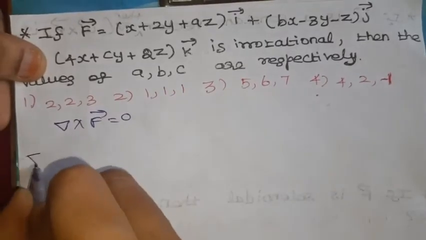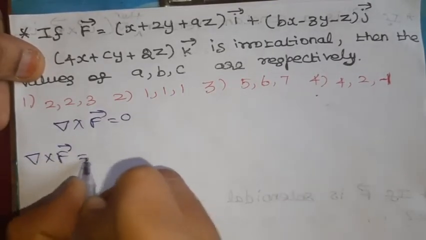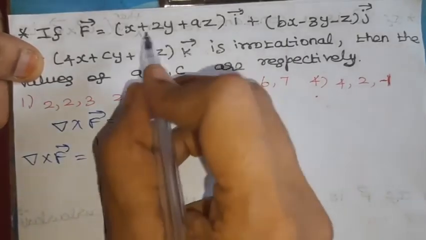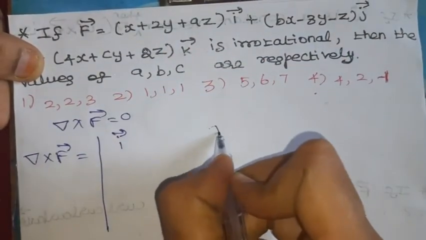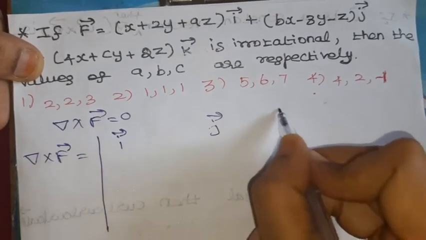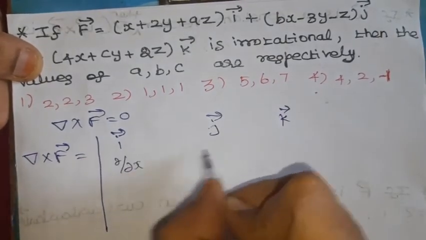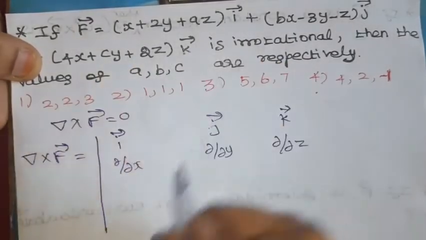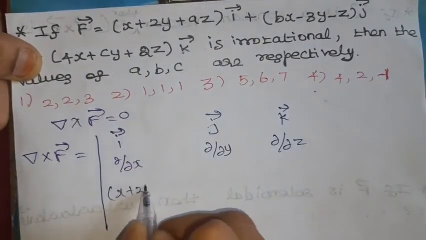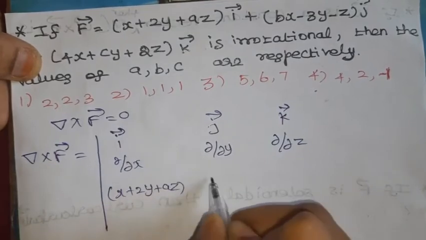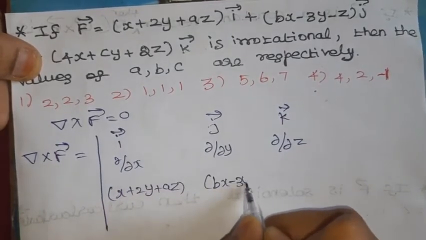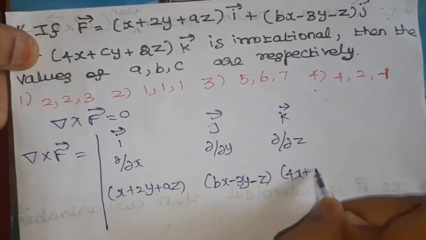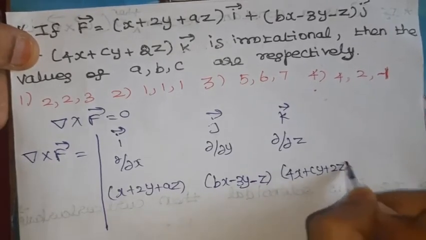So del cross f: i, j, k, then ∂/∂x, ∂/∂y, ∂/∂z. What are the terms? x plus 2y plus az, bx minus 3y minus z, and the k term 4x plus cy plus 2z.